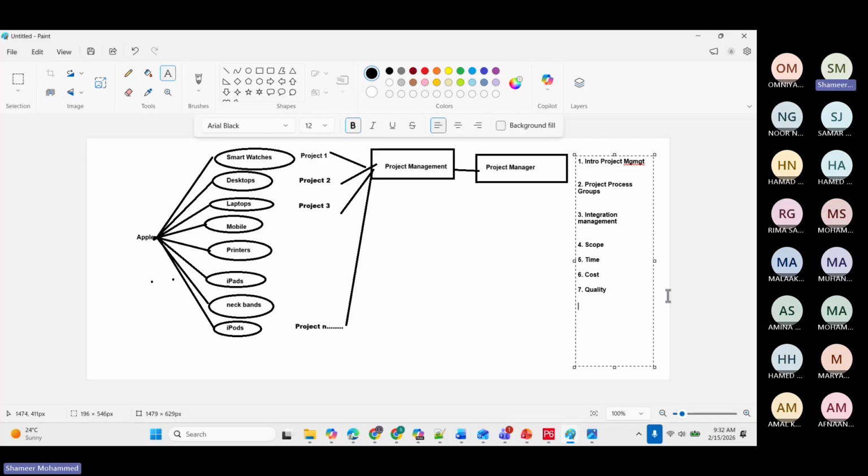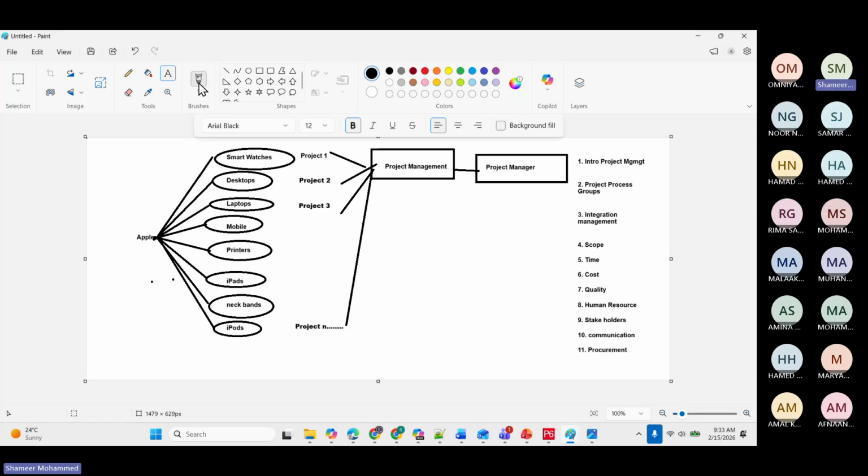Number eight, human resource, yani people. Number nine, communication management, stakeholders. Number 10, communication. What are all these? These are the principles. You are studying these things with me.